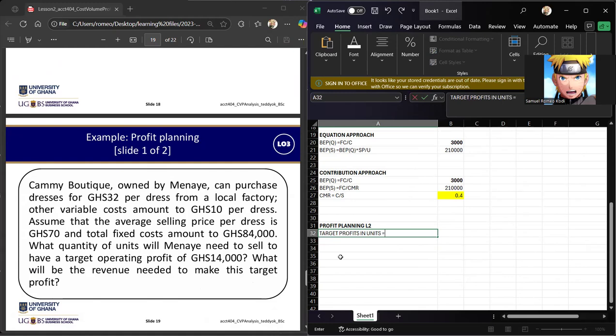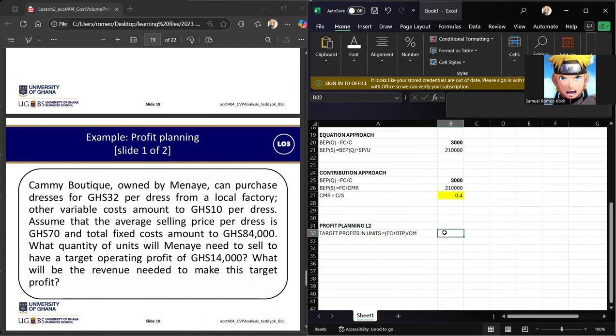It simply equals fixed cost plus the budgeted target profit given to us in the question, divided by the contribution margin.